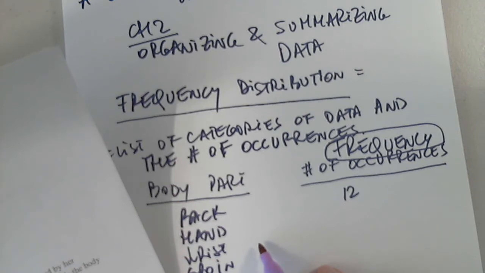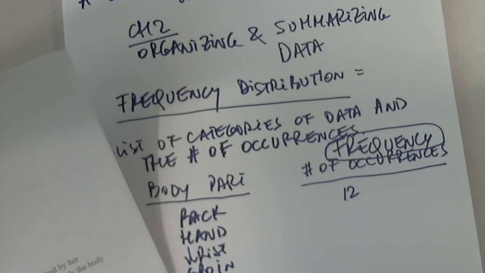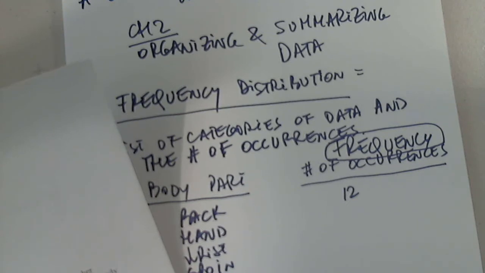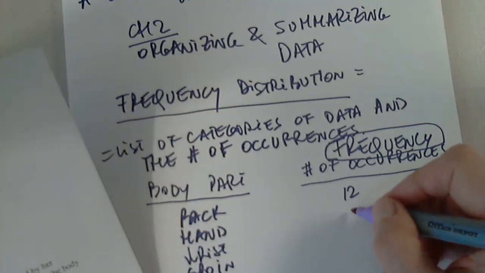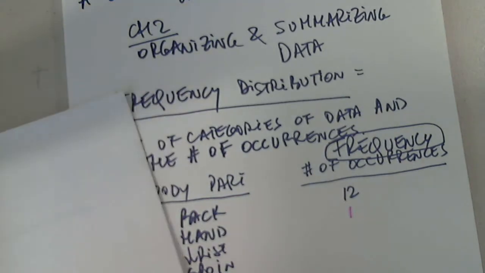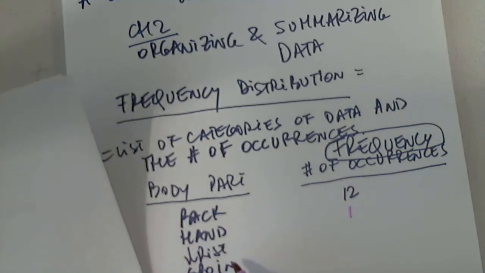1. Okay, 1 it is. What about the wrist? How many did we find for wrist?